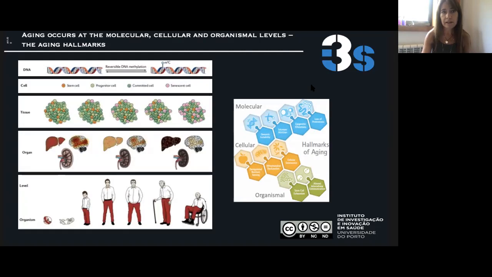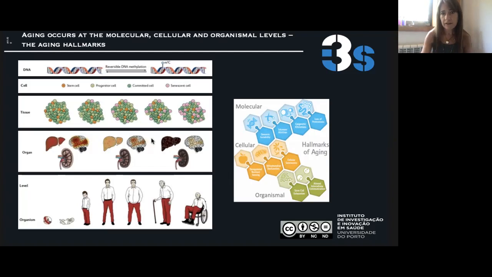At the molecular level, the aging hallmarks comprise DNA damage, telomere attrition, epigenetic alterations, and protein aggregation. At the cellular level, aging features include accumulation of aberrant mitochondrial lysosomes, deregulated nutrient sensing, and cellular senescence.